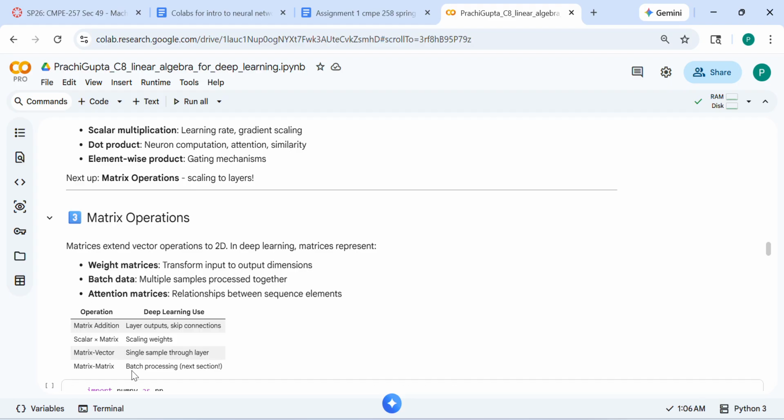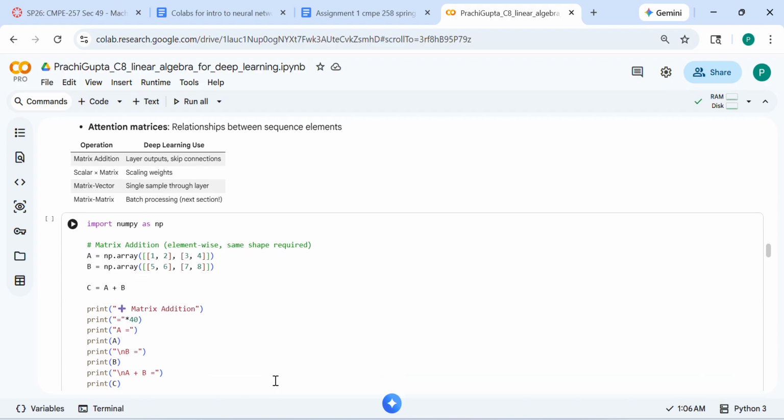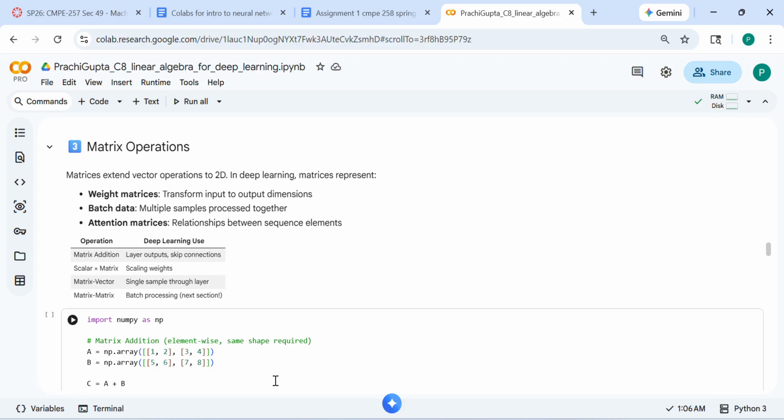Now our section 2 is completed and let's move forward to the matrix operations. As we move to layers, we transition to matrix-vector multiplication. You can think of this as a sequence of dot products. Each output neuron in a layer is actually just the result of the dot product between the input and one row of the weight matrix.